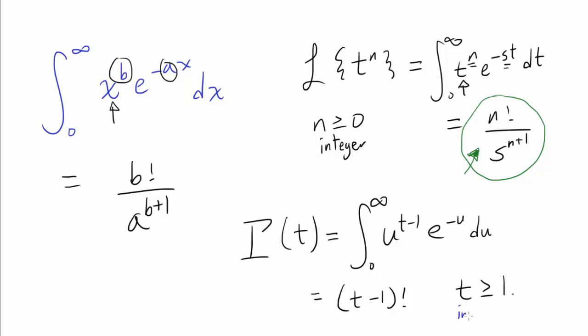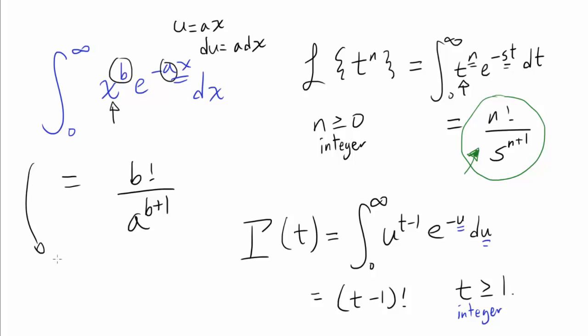And of course, I'm talking about integer values of t. And we see that we have something very similar to the gamma function. Instead of negative variable, we have negative a times variable, but you can change that right away. You can make the substitution u equals ax, or du is a dx.